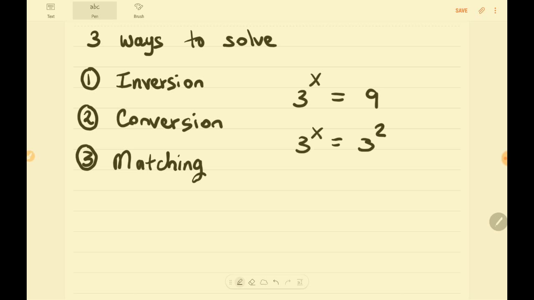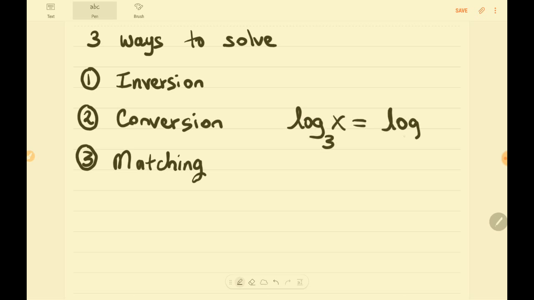And then since the bases are the same, the exponents must be the same, right? That's what I mean by matching. Likewise, you could have something like the log base 3 of x is equal to the log base 3 of 9. Because the log bases are the same, their arguments must be the same. That's actually one of the properties that we start using in this section.